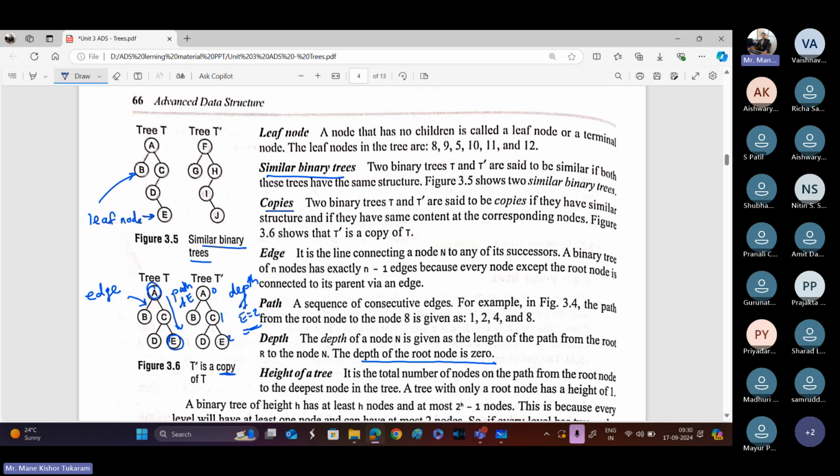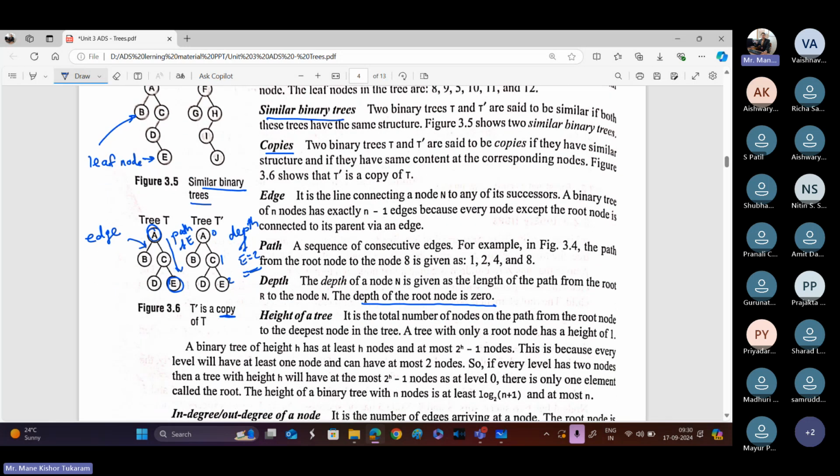And height is the total number of edges in the path from the root node to the deepest node. Okay, so height of D is 1, 2, 3. Okay.